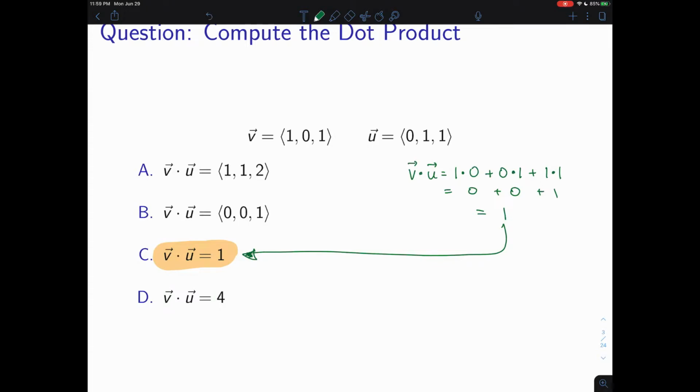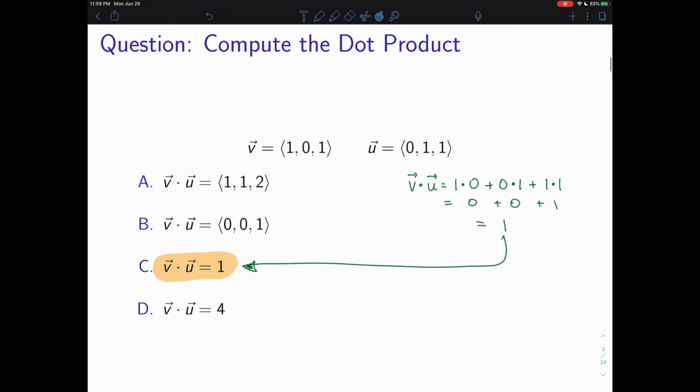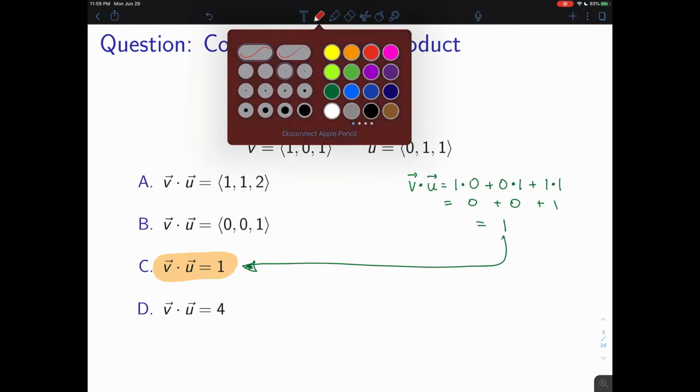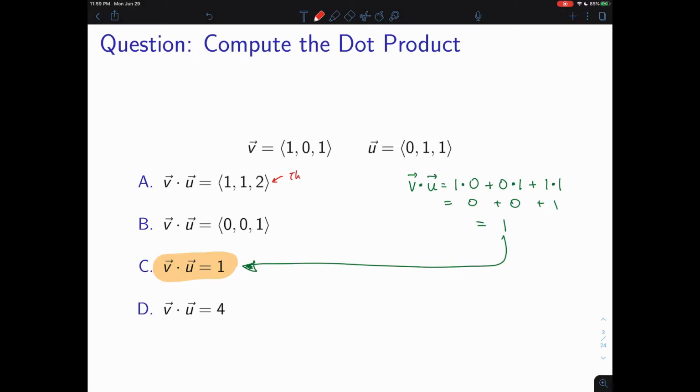Just out of curiosity, do you know where these wrong answers are coming from? Can you think of a way that a student could make a mistake and come up with these other answers, A, B, and D? I think for the first one, they added the vectors together. This is V plus U. If you added together V plus U, that's what you would get.